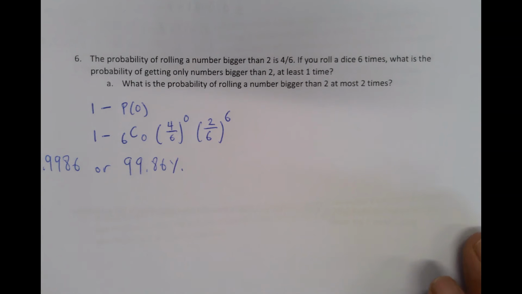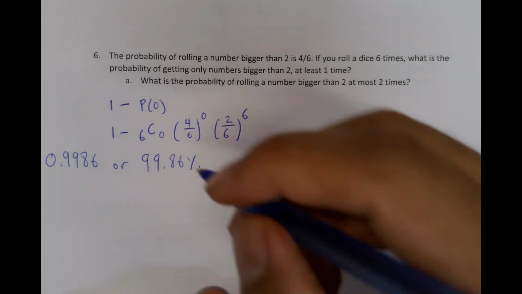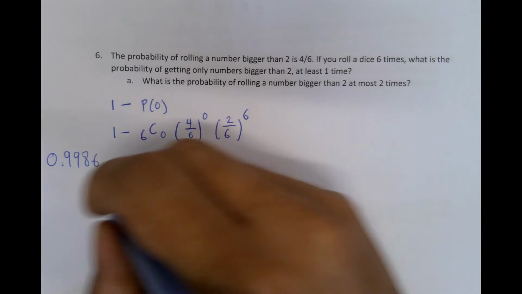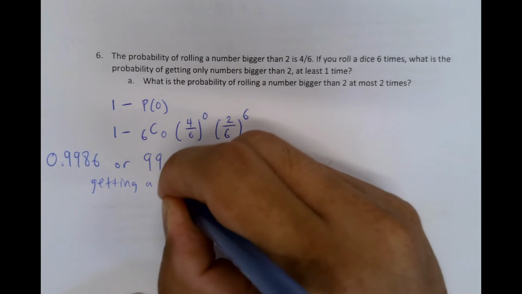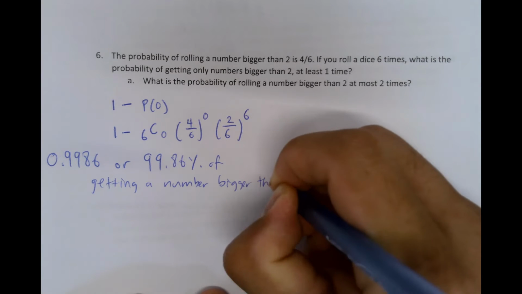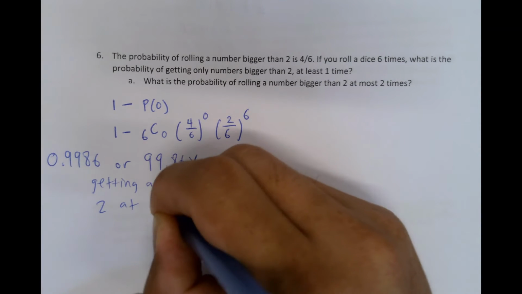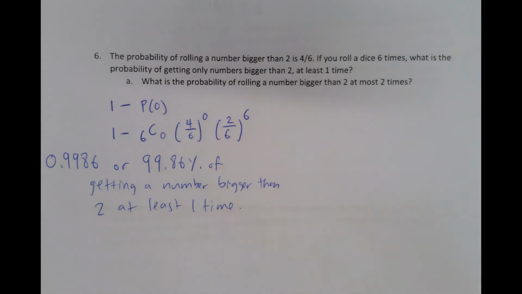Okay, so it's going to be 0.9986 or 99.86% of getting a number bigger than 2 at least once. And again, does this make sense? It does make a lot of sense because it's a really high probability to get a number bigger than 2. Okay, so that's the first question here.